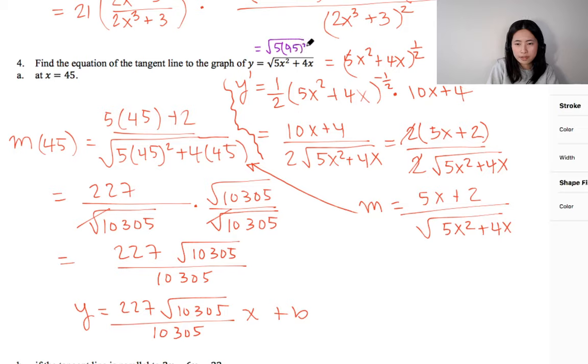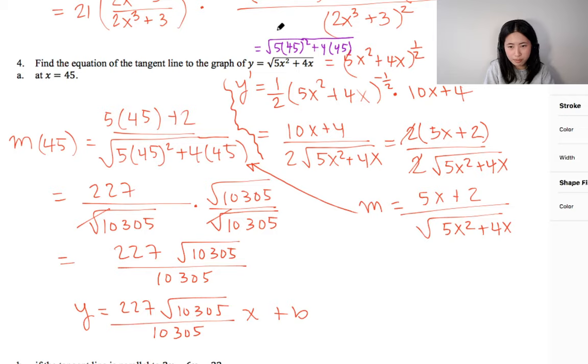So this is 45 squared plus 4 times 45. Okay, great. So square root of 5 times 45 squared plus 4 times 45. This is going to give me a decimal number. So maybe we can manually do this.